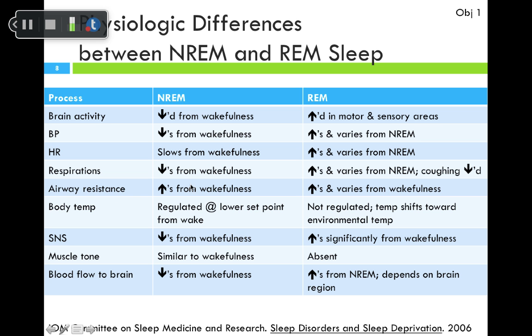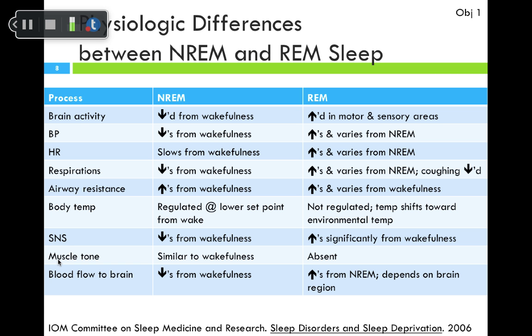Airway resistance, compared to wakefulness, is increased both in non-REM and in REM sleep. Otherwise, most of the comparisons are pretty much exactly the opposite between non-REM and REM sleep.